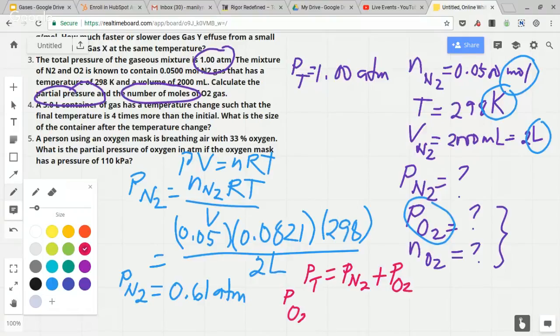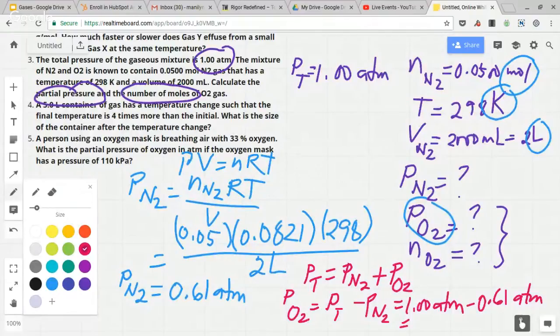So PO2 is equal to PT minus PN2. So that's 1.00, which we got from the given, minus 0.61, the one we just solved. So you get the PO2, which is equal to 0.39 atmosphere. So this is now our final answer for the P of O2.